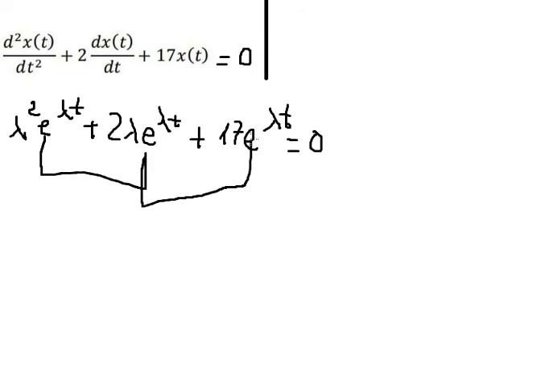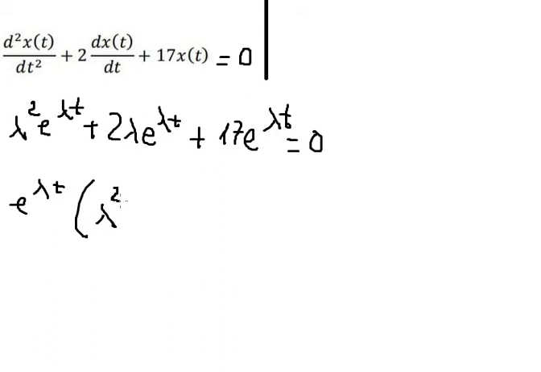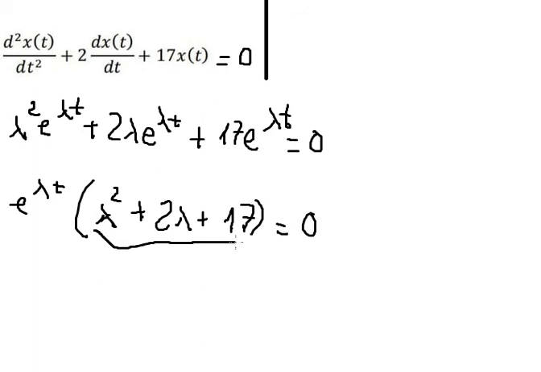We can do factorization. So we just have this one in here equals 0, because e to the power of lambda t cannot equal 0.